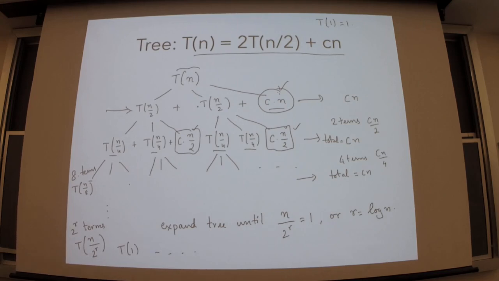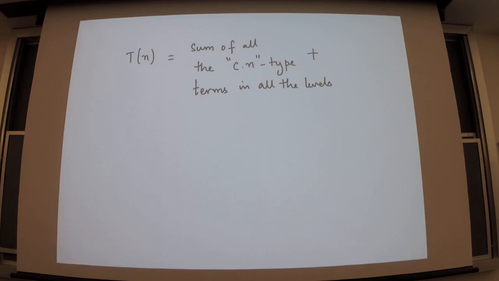So you can think of T of n as the sum of all the Cn type terms at all the levels, plus the T of 1 terms in the last level.